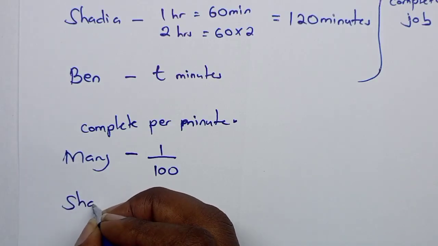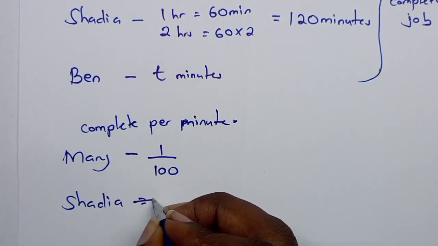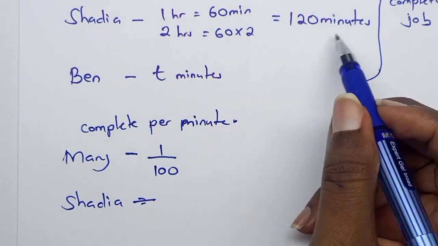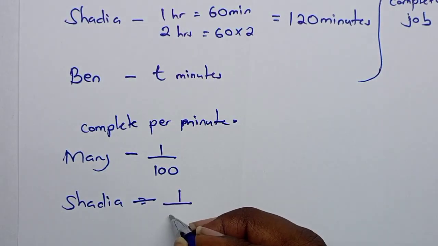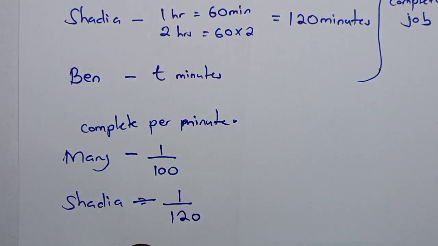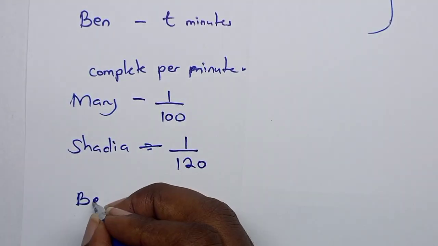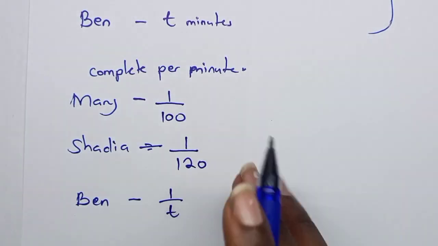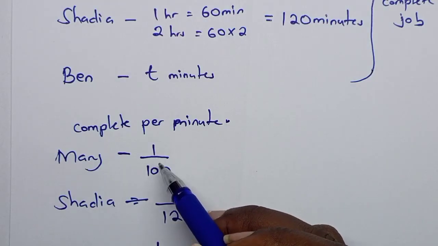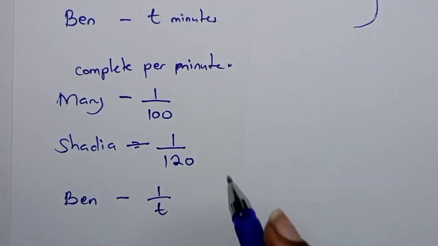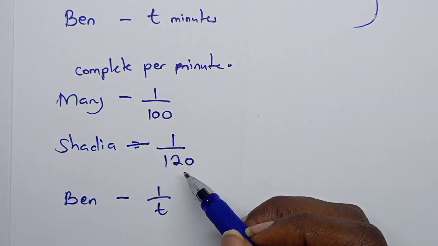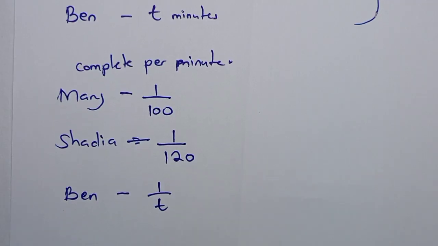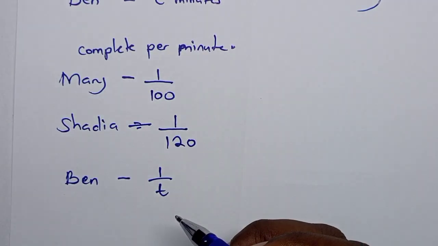Then Shadia, it's 120 minutes, so it will be 1 over 120. And for Ben, it will be 1 over T. So per minute, Mary completes 1 over 100, Shadia completes 1 over 120, and Ben completes 1 over T.